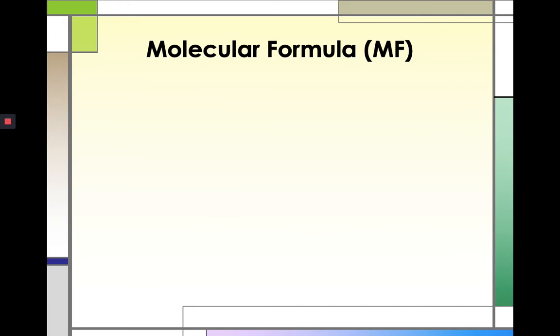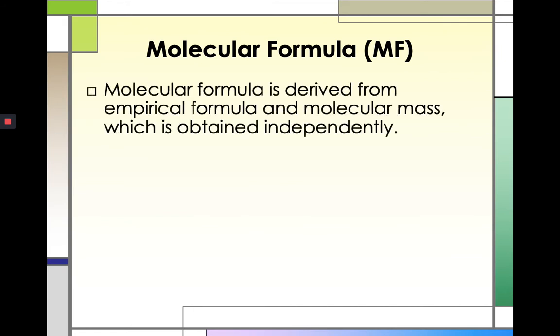So as a review, we have the molecular formula, denoted by capital letters MF, which is derived from the empirical formula and the molecular mass. The molecular mass is obtained independently and experimentally.